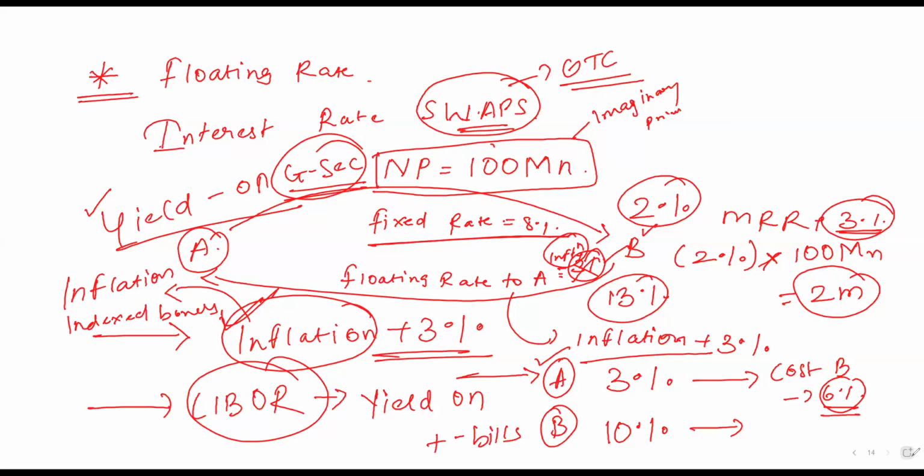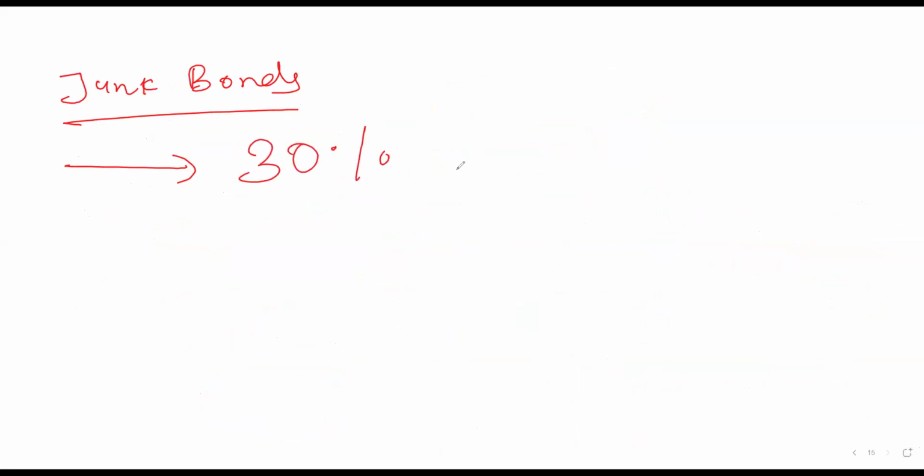Then coming to the next part, there is junk bonds. Someone asked me, what is the maximum return a bond can give. So there could be a bond that might give you 30% return or 40% return or 42% return.